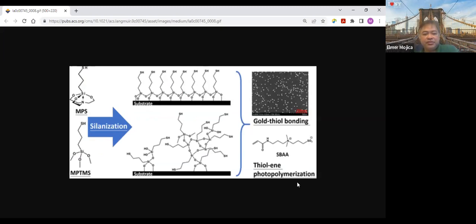Okay. So usually when they do silanization, they cover the hydroxyl group. It caps the hydroxyl group, which can be a site of interaction. So when there is no more hydroxyl group, that interaction is gone. So usually they use what we call silane. That is why it is called silanization.